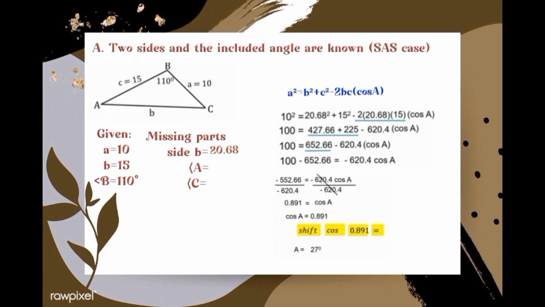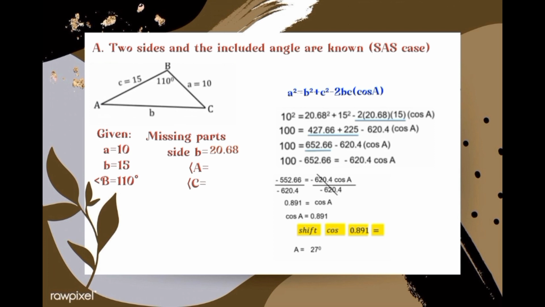Then, we just add 427.66 and 225. So, we have 100 is equal to 652.66 minus 620.4 times cos A. So, what we will do is move the 652.66 to the left side. Since it is positive, when we move it to the left side it becomes negative.